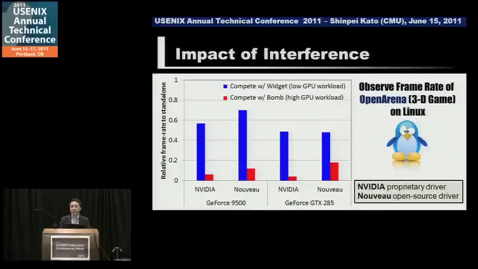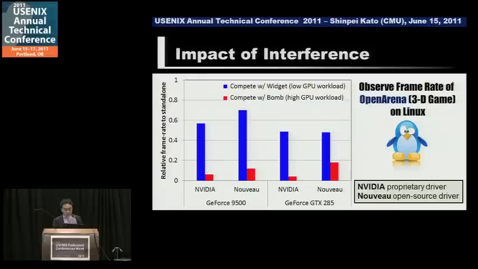The graph briefly shows the impact of performance interference that foreground 3D games receive from different types of GPU applications running in the background. This is a preliminary experiment which we conducted. The decrease in performance of the 3D game actually depends on competing workloads.